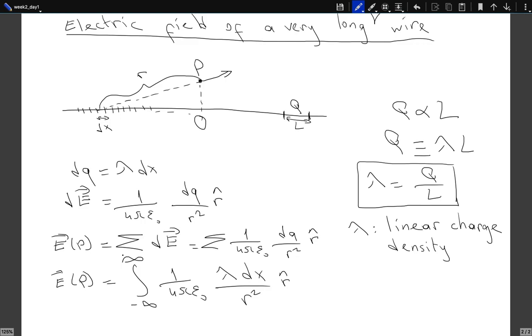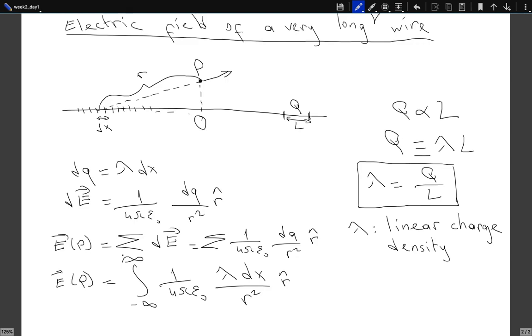Well, first let's write this r hat vector in terms of the x and y coordinates. It's not so easy to calculate the integrals of vectors which are changing and depend on my integration variable.